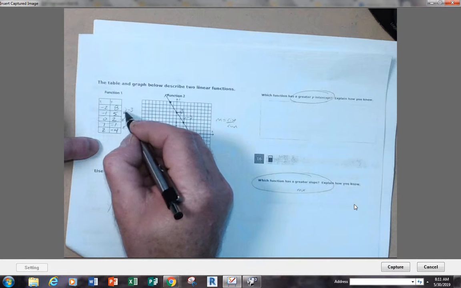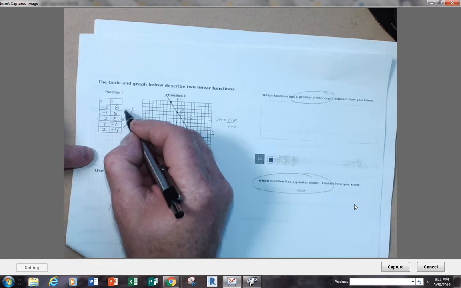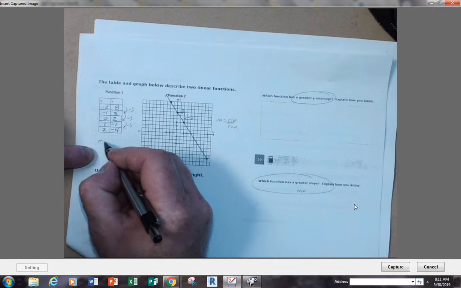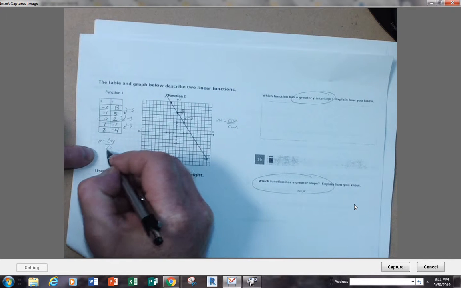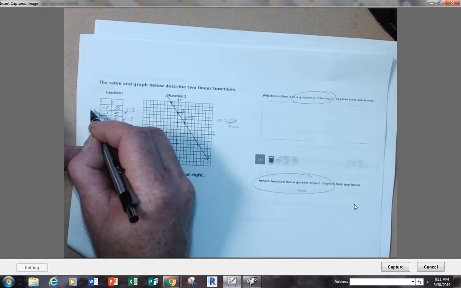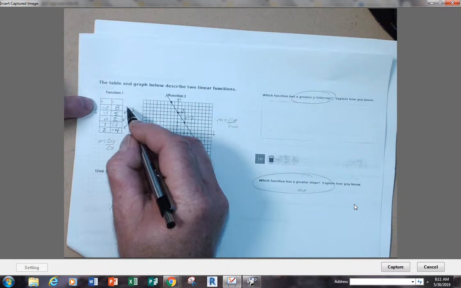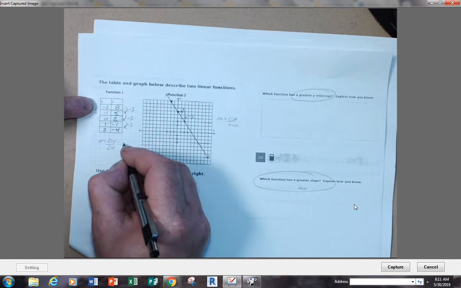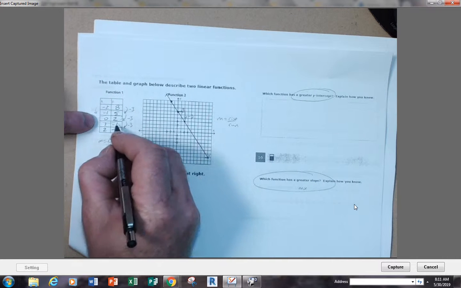So here we go, my equations. This one has a y-intercept of 2 and a slope or rate of change here. The slope is always change in the y over the change in the x. So this is really just going up by 1s right here, so I'm not really worried about that. But again, this is -3. The y-intercept number is 2.